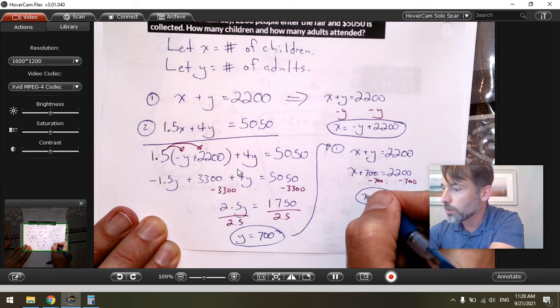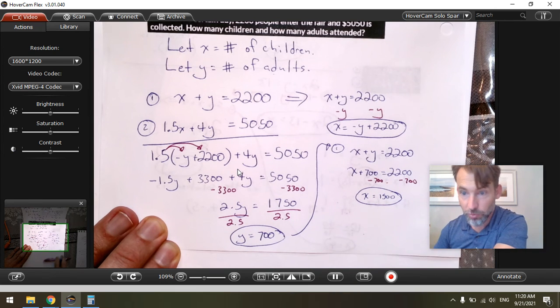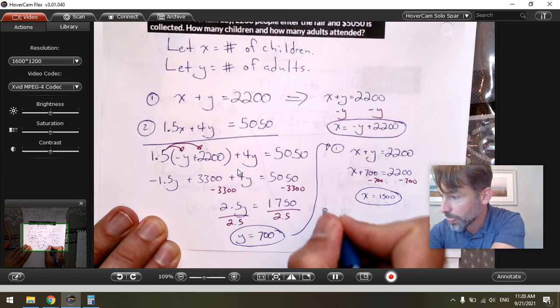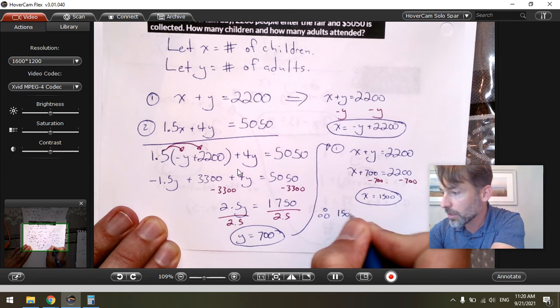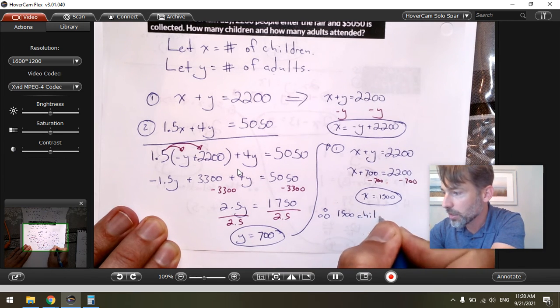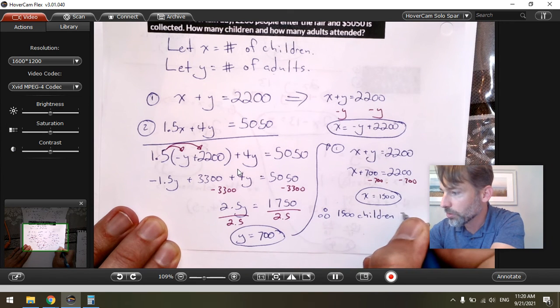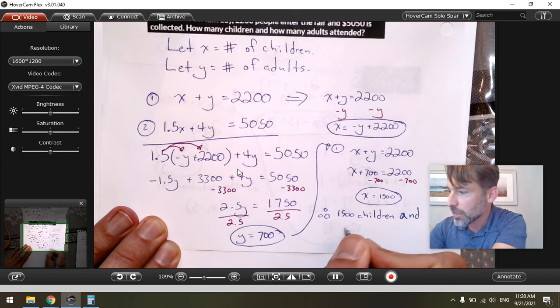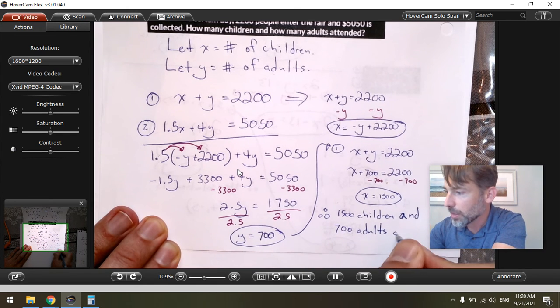Circle. Now, I don't write a therefore statement and say, therefore, the point of intersection is 1,500, 700. I say, therefore, 1,500 children and 700 adults attended.